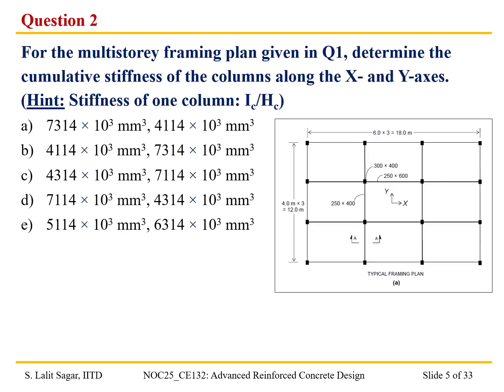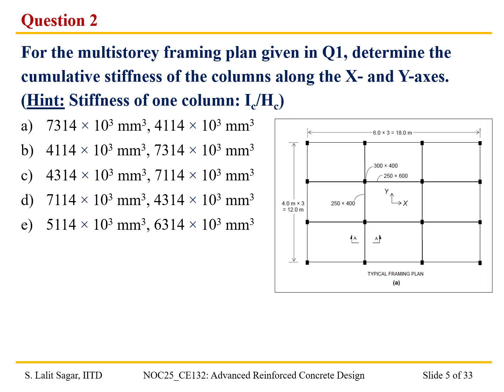Right. So for the multi-story framing plan given in question 1, determine the cumulative stiffness of the columns along the x-axis and the y-axis. Okay, the hint is stiffness of one column is given by IC divided by HC, where IC is the moment of inertia of the column along the direction considered, and HC is the height of the column.